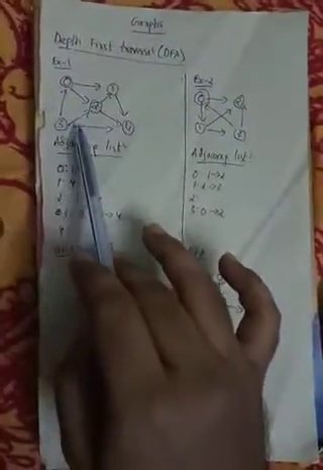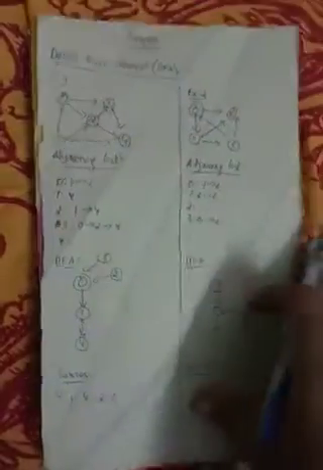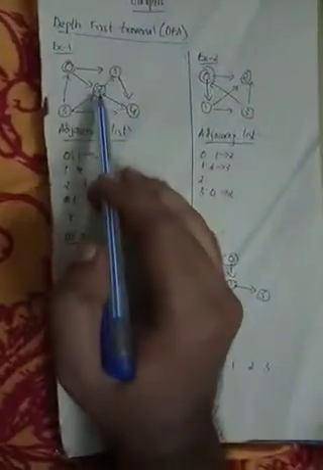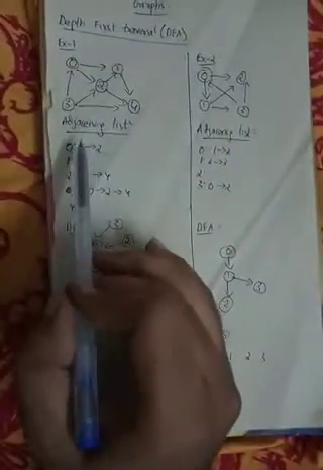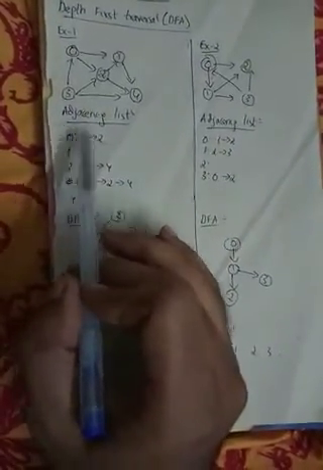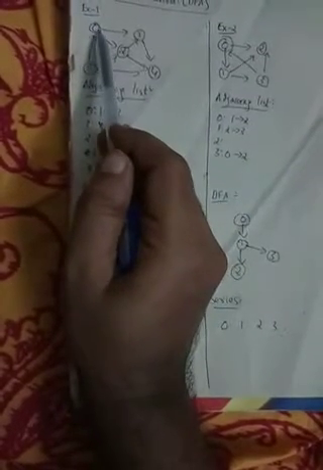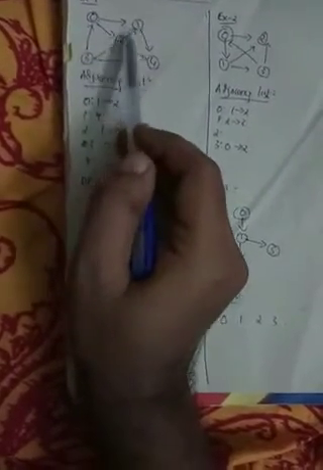In the first example there are 5 nodes given and they are connected as shown here. So this is a graph. We'll write the adjacency list for the following graph. So what is an adjacency list? If we see here, from 0 we have routes to 1 and 2, right?